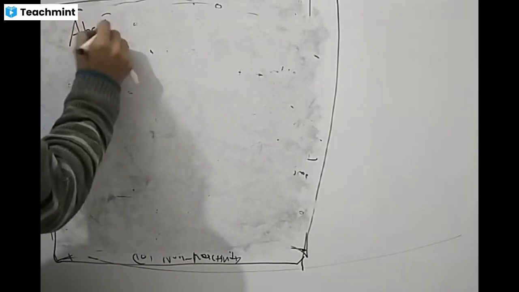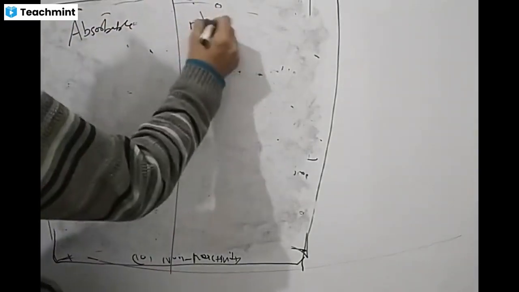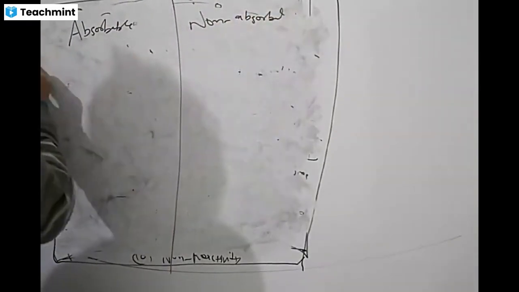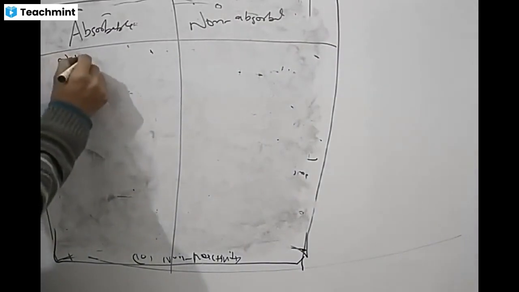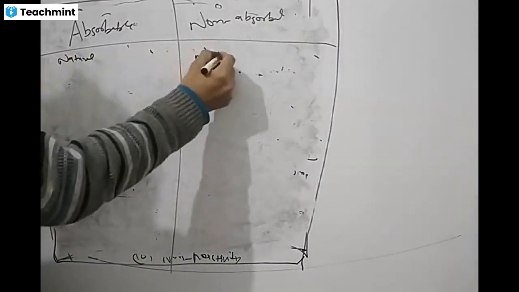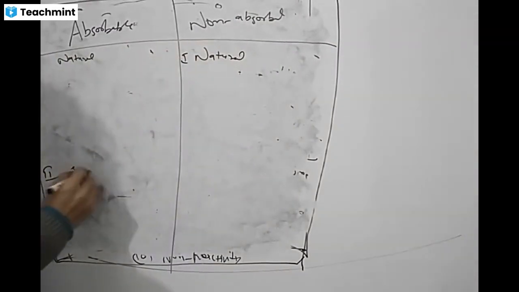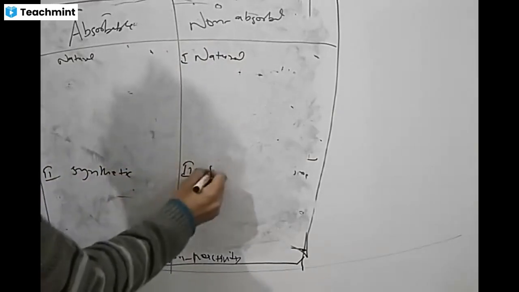So first is absorbable and the second is non-absorbable. This classification is further divided into number one, natural, and number two, synthetic.